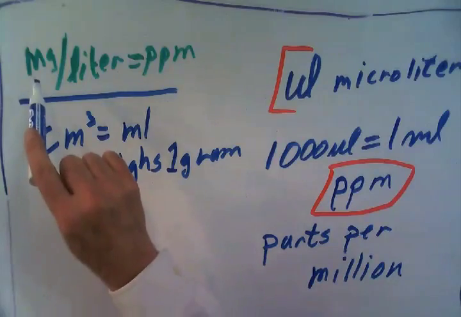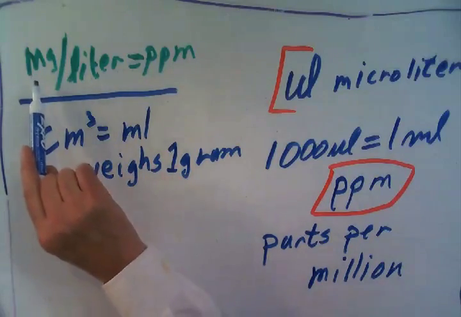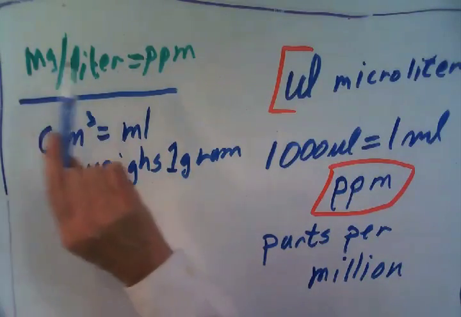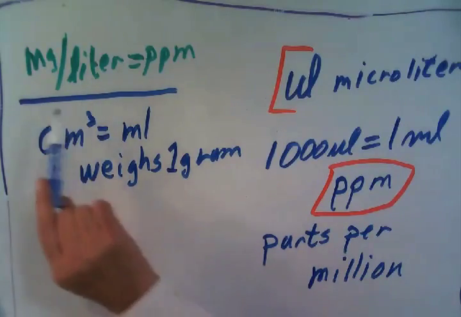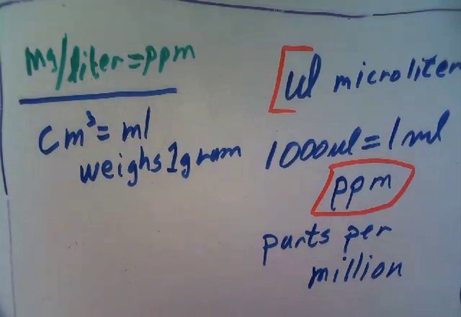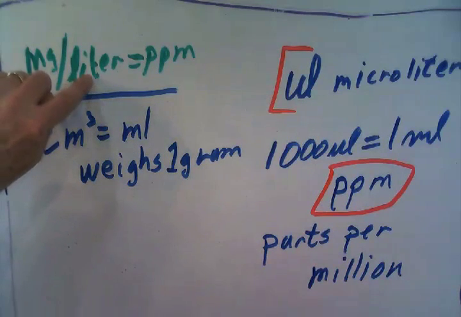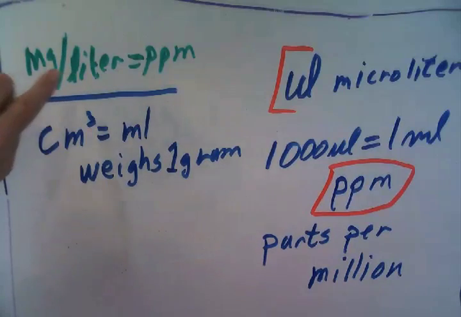So when we say that 1 part per million is a milligram per liter, there's an aspect of that as a definition, but there's also an aspect of that it's true and literally correct. The implication is that our liter is of water, and in applications, the liter usually is water.